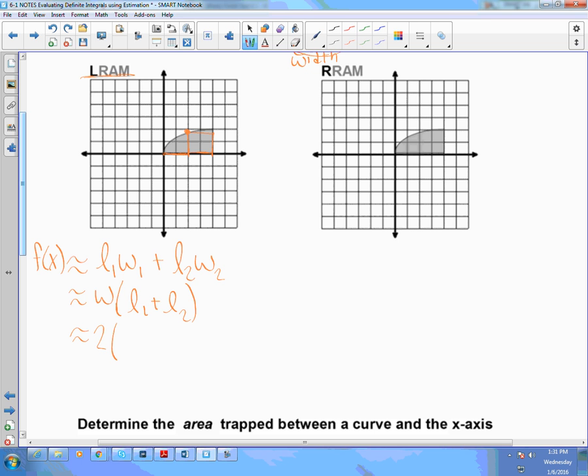Now, L1 means the height of the first rectangle, which is f of 0. So we have 1, 2, 3, 4, 5, and 6. So we have f of 0 plus L2. L2 is what?